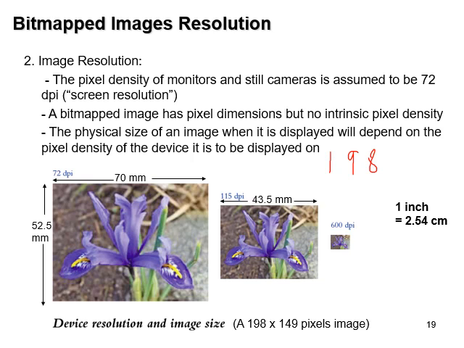Okay, which means that we have 72 pixels. So the width is 198 pixels, right? And you have 72 dots, meaning that you have 72 pixels per inch. If you divide this by 72, you get the width of that image in inches. So let me calculate this.